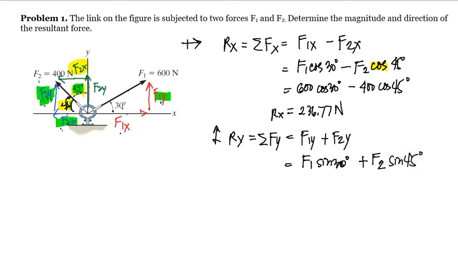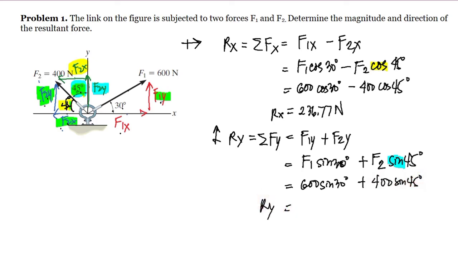In some instances where this is not equal to 45 and we use the angle measured from the vertical, F2y here is adjacent, so this sine will be cosine. So F1 is 600, so we have 600 sine of 30 degrees plus F2, which is 400, so 400 sine 45 degrees.